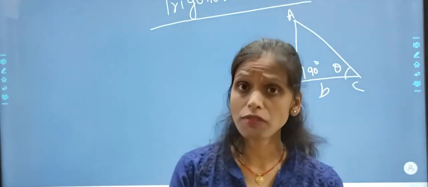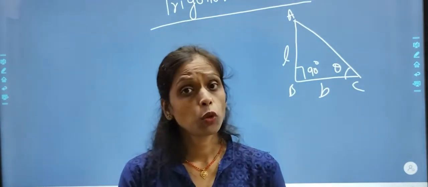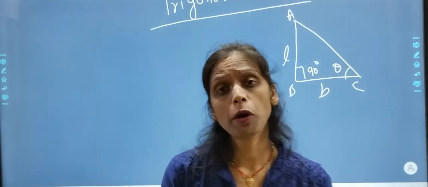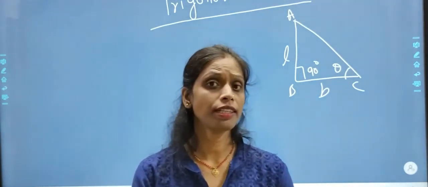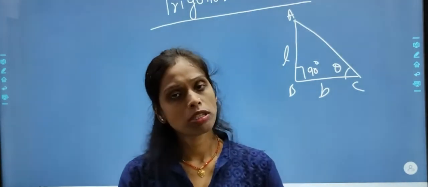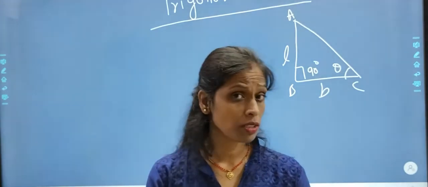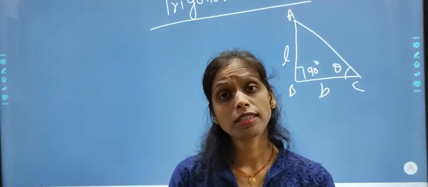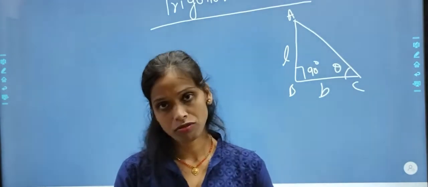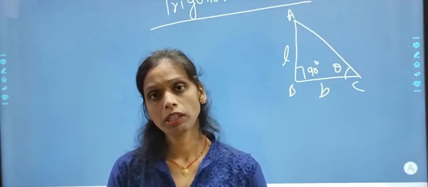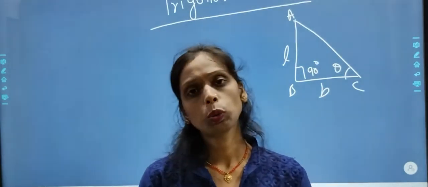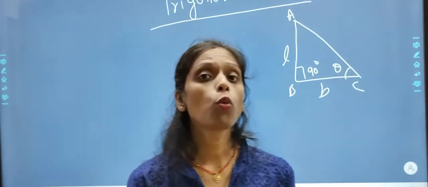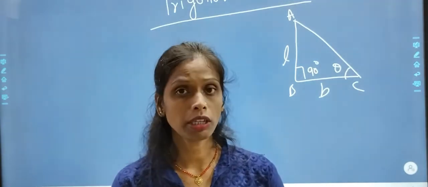Then first I am going to discuss the first topic related to this chapter. First topic is the sign of the trigonometrical function. Okay. Then you already know about the quadrant. Okay.